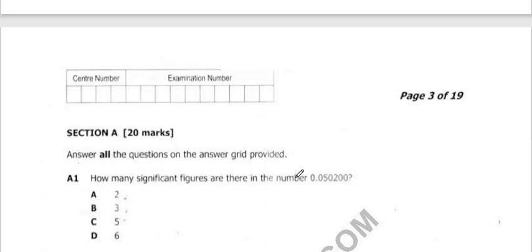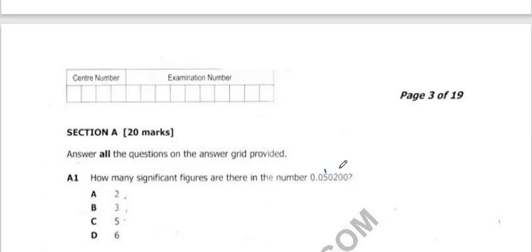So how many significant figures are there in the number 0.050200? As I stated earlier, all non-zero numbers are significant. So we have 5 and 2, and we have a bunch of zeros there. Which zeros are significant? Zeros that are in between non-zero numbers. So this one is significant, so that makes it 3.